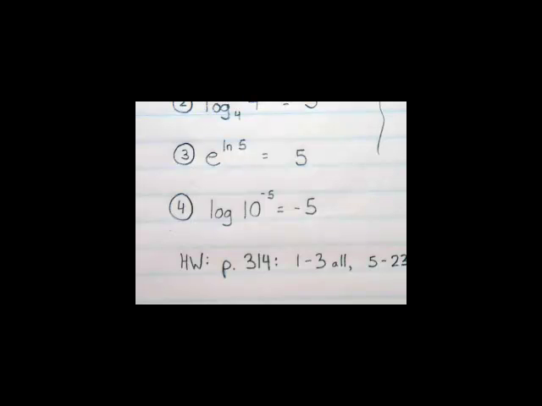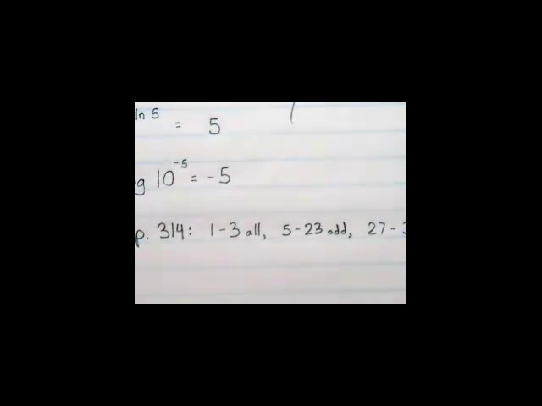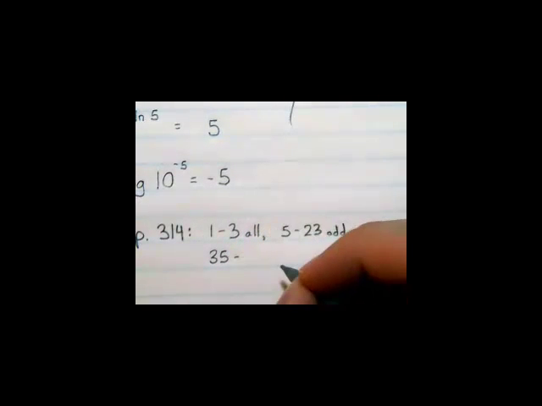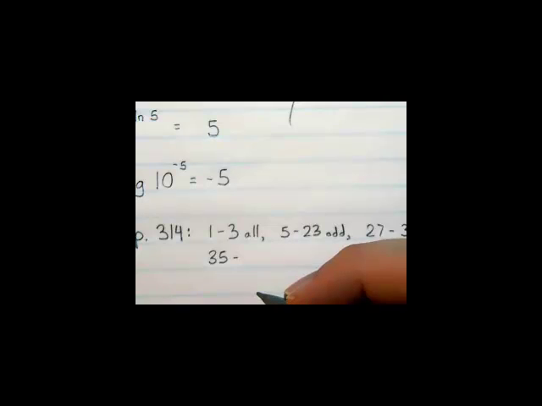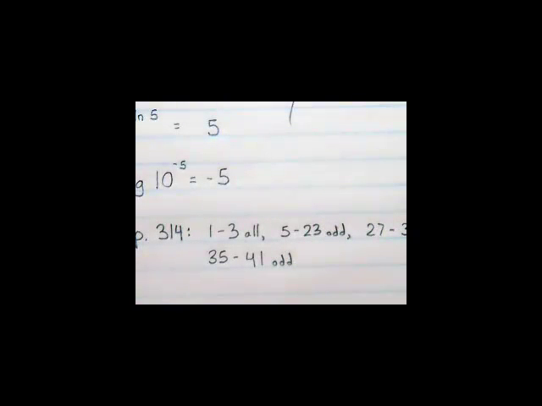Let's do 5 through 23, 27. We'll go 35 through 41. And then yeah, that'll be good.